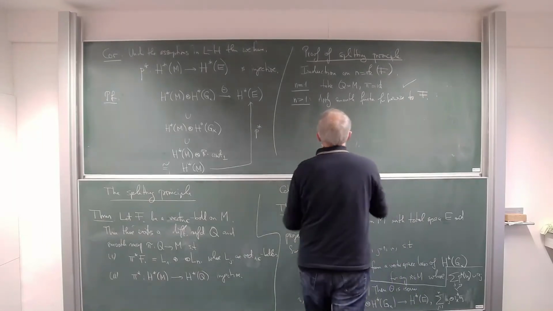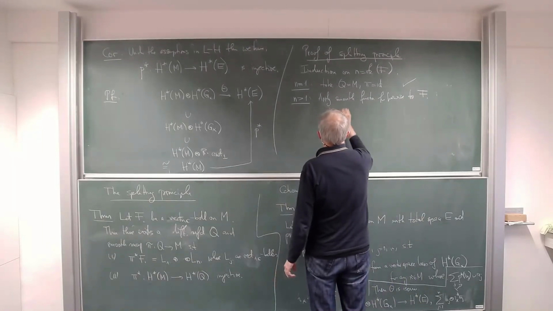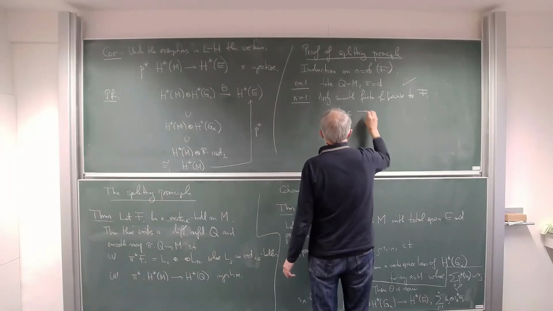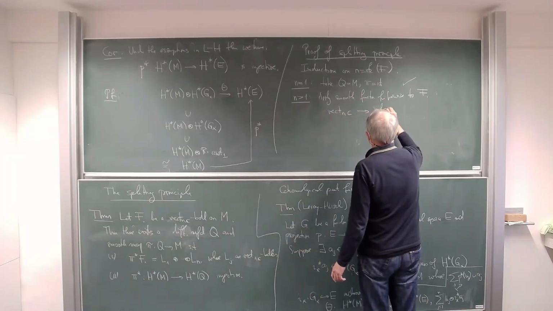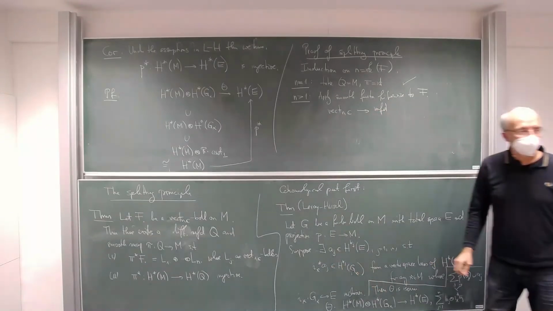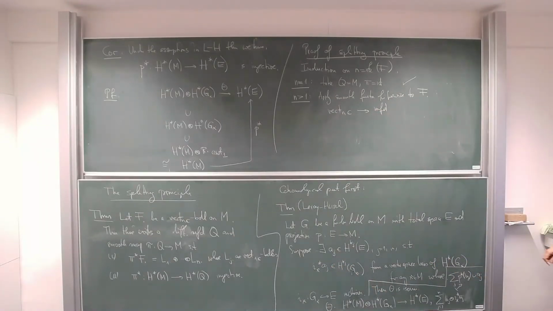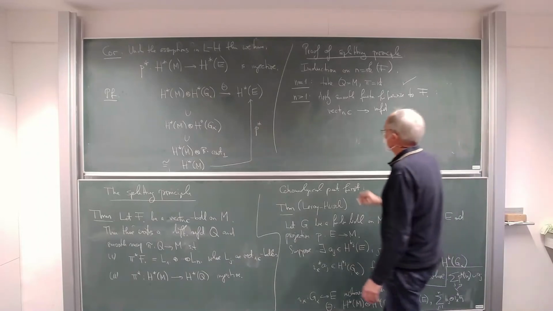Namely, it goes from the category of, let's say, n-dimensional complex vector spaces to the category of manifolds. So the result will just be a fiber bundle. And so what does it do?